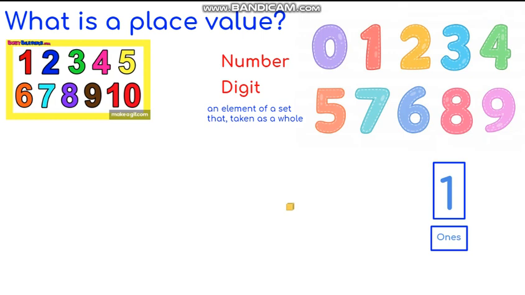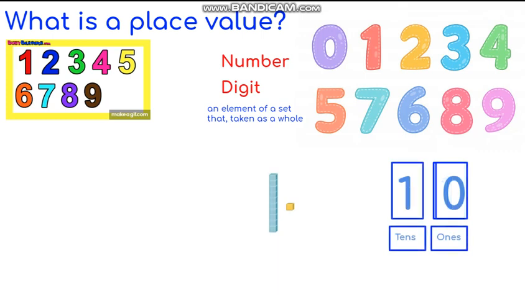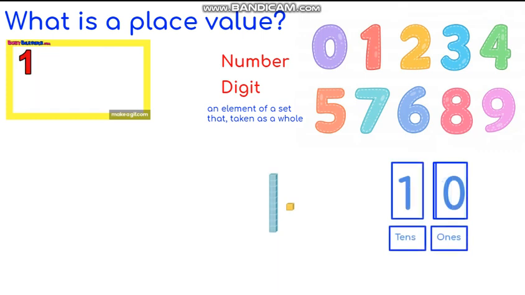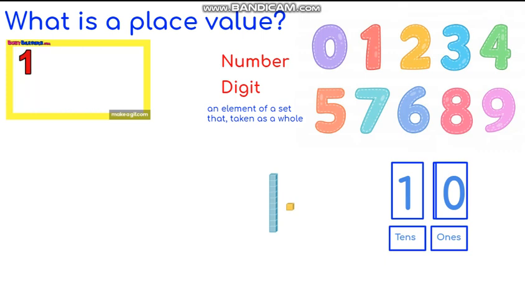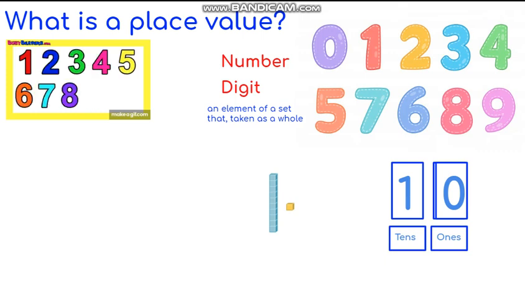And then we start from here, ones. For example, there is a cube, 1 cube. We call this ones because there is only one piece. And then when we have 10 cubes that we stack together and form into one group, it becomes tens, one group of tens.